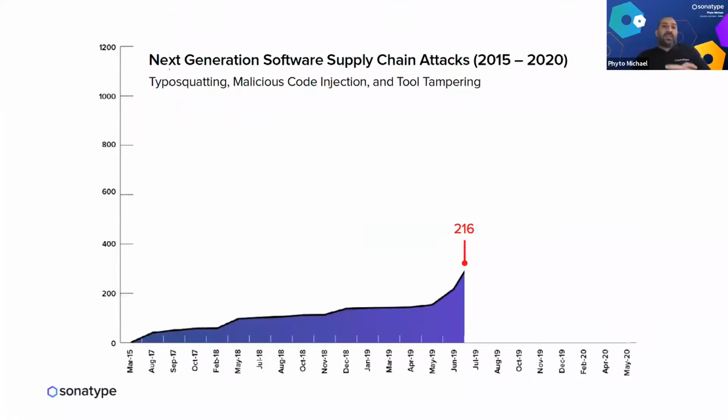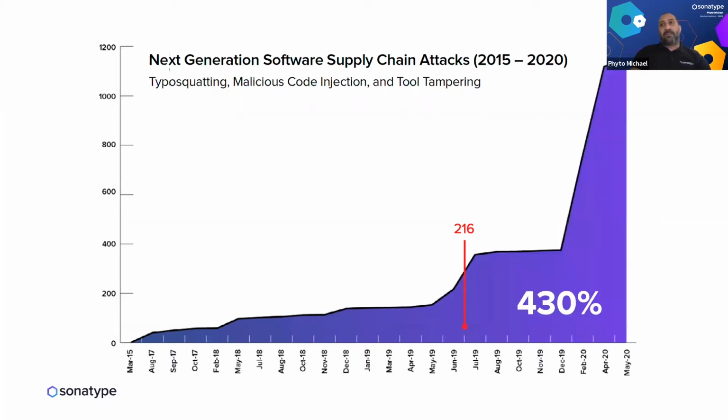So that's now evolving to a next generation of software supply chain attacks. If we look at what's new in typical vulnerabilities, we look at typosquatting, malicious code injection, tool tampering. They're the new things we're seeing to date. And if we look at the historical data around those, there were 216 attacks from February 2015 to June 2019.